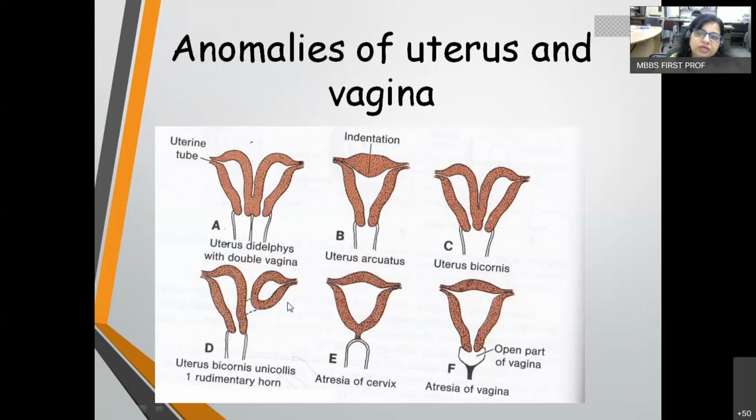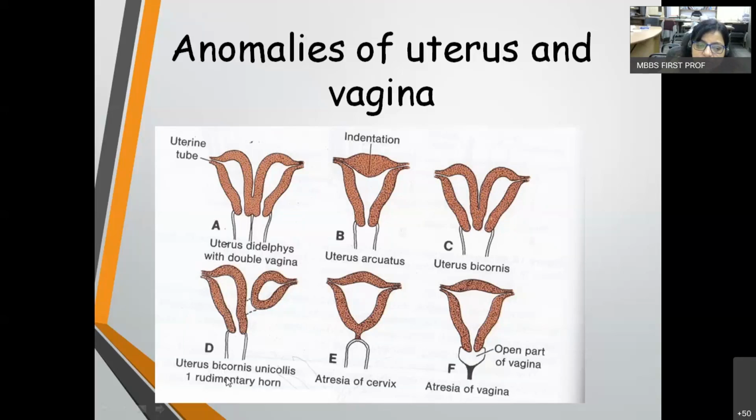These are some of the anomalies of the developing uterus and vagina. Uterus didelphys means two uteri are present. Uterus arcuatus is when there is indentation in the fundus. Bicornis means two horns are there in the uterus, two individual horns. There is not a complete partition, but an incomplete partition of the uterus leading to the two horns of the uterus.